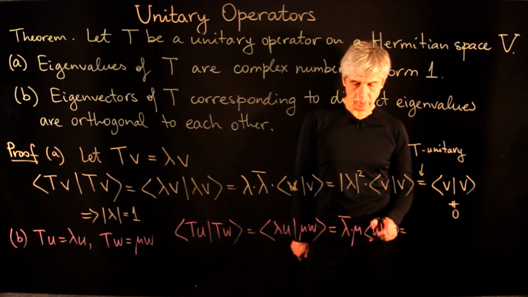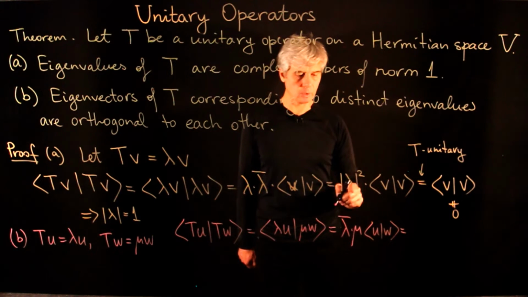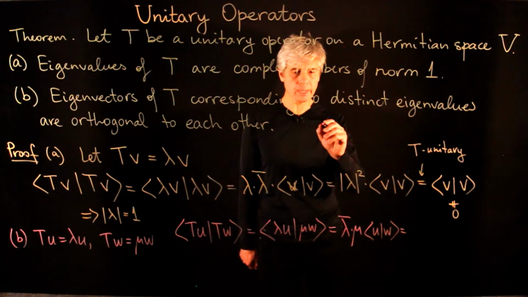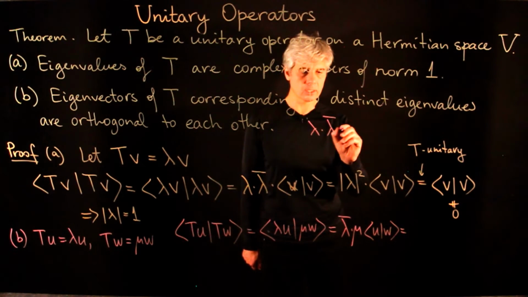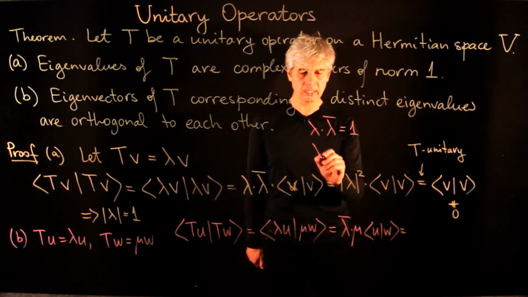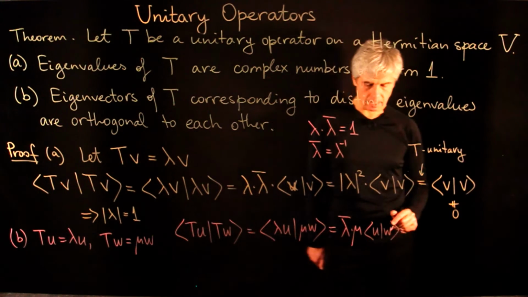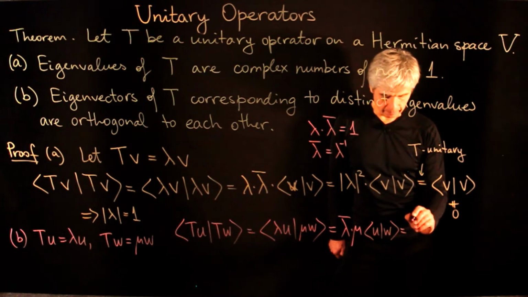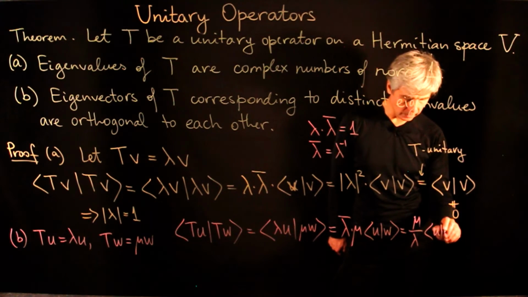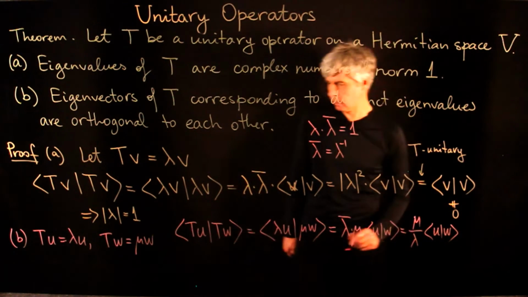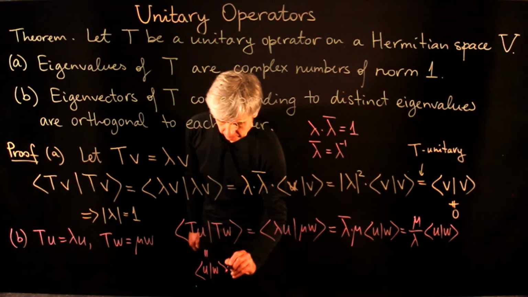But what is lambda bar? If the norm of lambda is equal to 1, then lambda times lambda bar is equal to 1, and this means that lambda bar is equal to lambda inverse. So this can be written as mu over lambda times (u, w). And if T is unitary, this is simply equal to (u, w).